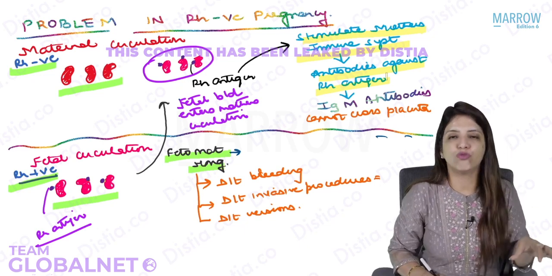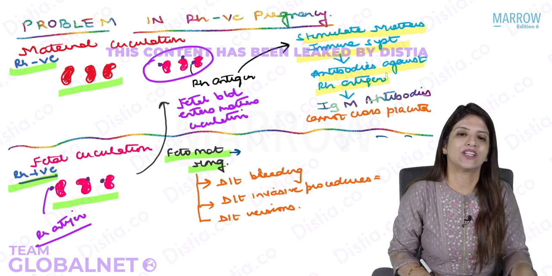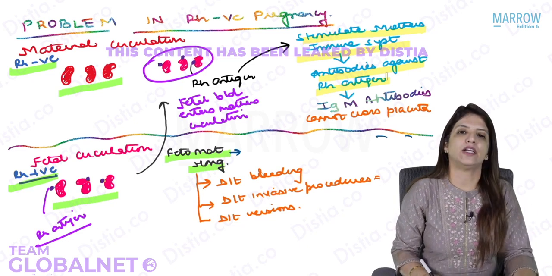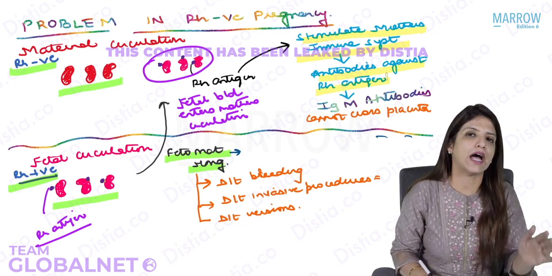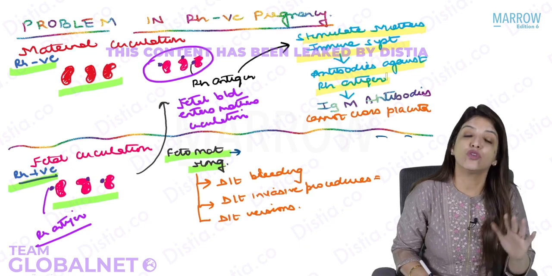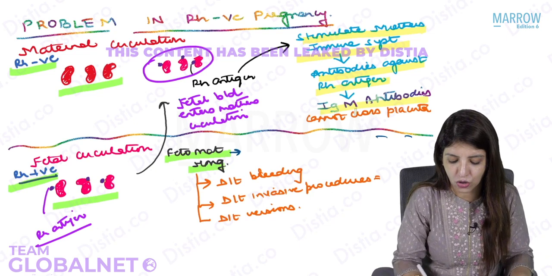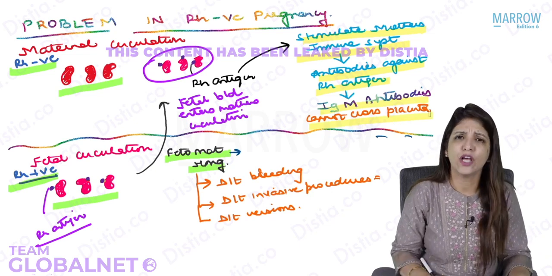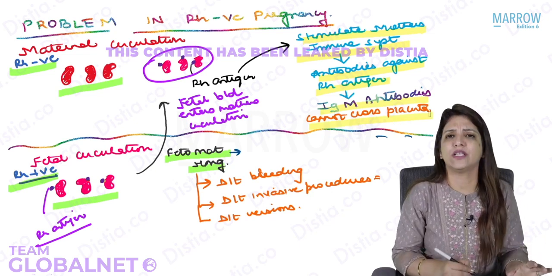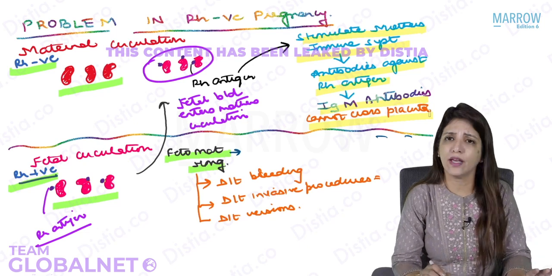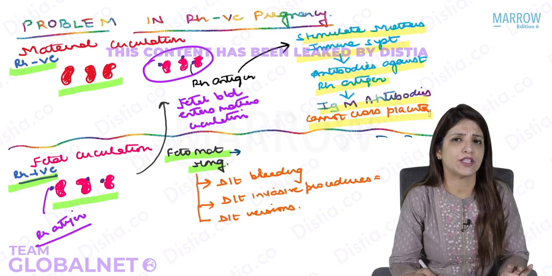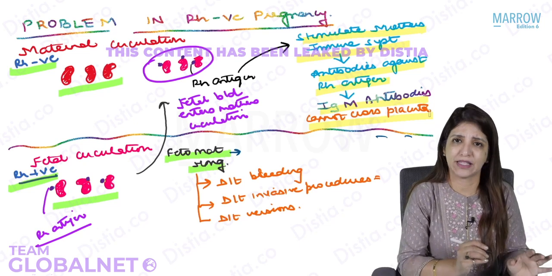Now, you know from your microbiology knowledge that initially the antibodies which are formed are IgM antibodies. And you also know that IgM antibodies cannot cross the placenta. So even if antibodies are formed, it's okay because these IgM antibodies cannot cross the placenta.